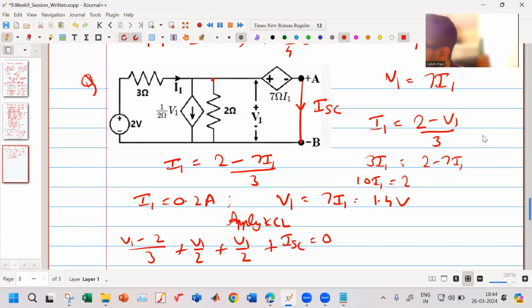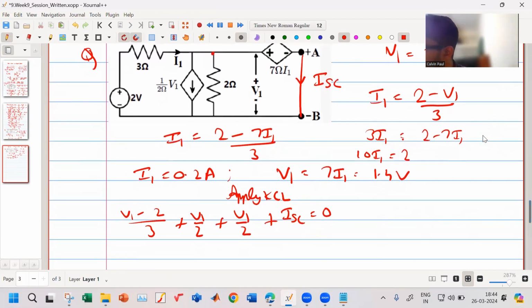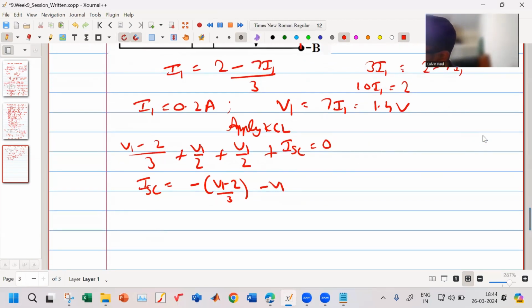Now we get the value of V1 by putting the value. What is the value of V1? 1.4. Okay, so we can write this further as ISC is equal to minus of V1 minus 2 upon 3 minus V1, right? So it will be minus of 1.4 minus 2 divided by 3 minus 1.4. So how much is this?